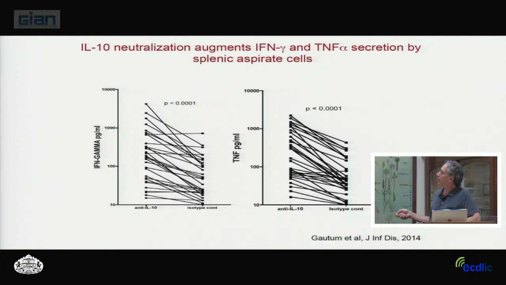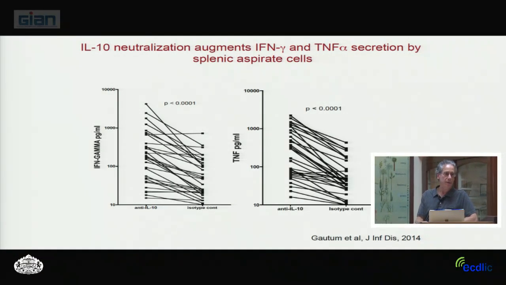And if you then measured the levels of interferon gamma and TNF that are secreted in these splenic aspirate cultures, it was almost always higher when you included anti-IL-10 antibodies in these cultures. So this really strongly argued that anti-IL-10 would be therapeutic in these patients.